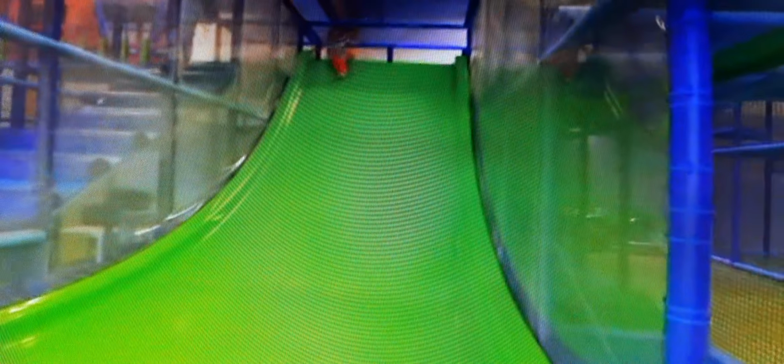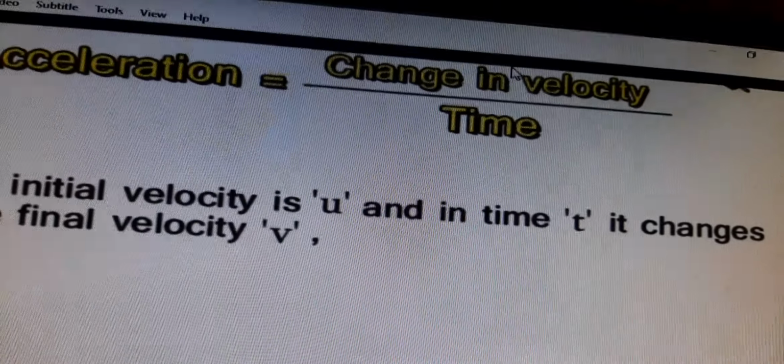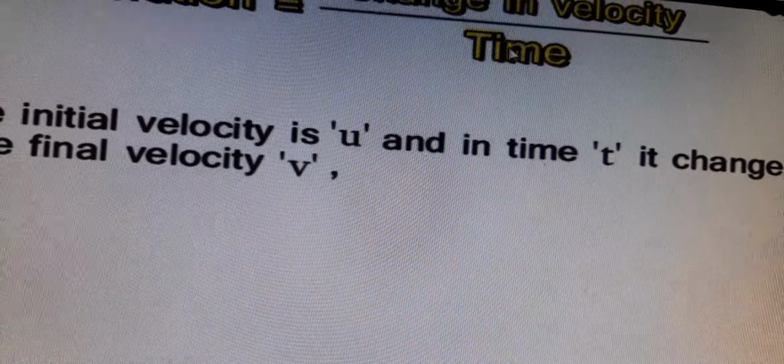Now about acceleration. Acceleration means the rate of change of velocity. We can see in a park, on a slide, the velocity is less at the top, increasing in the middle, and lastly it becomes zero. Acceleration means change in velocity upon time.